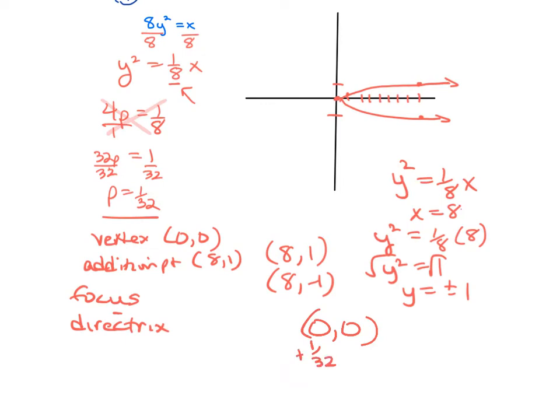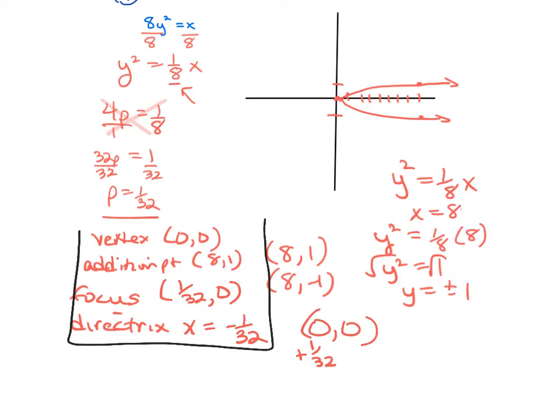I'm going to add 1/32. So my focus point, 0 plus 1/32, is just 1/32. And then the directrix is going to be the opposite of p. Again, it's an equation, so it's x equals -1/32. So these are all the things that you need to find when you're working on this. Remember, you always need to work on first isolating the square term.